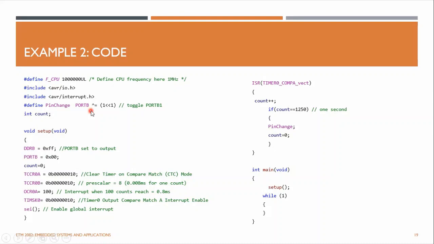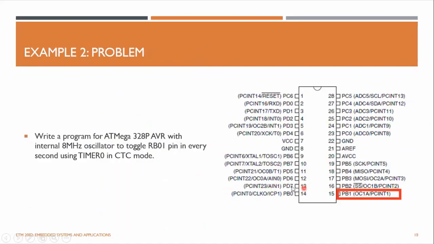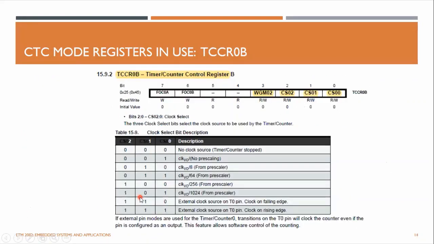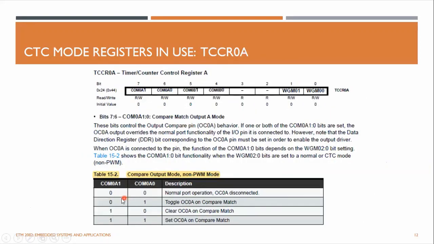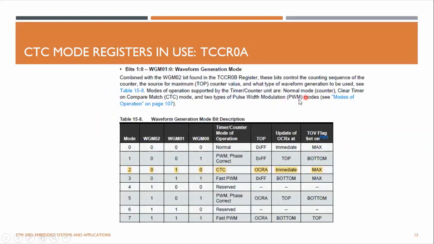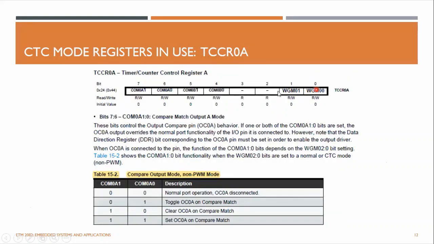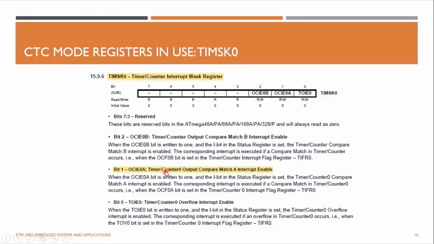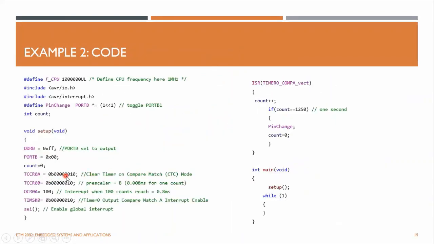I don't want to use that dedicated pin, I'm using a different pin, so I'm not worried about toggling of this pin. I'm just using them as 0. But I have to set this to CTC. So it should be 1 and 0 here, right? So TCCR0A should be 1 and 0 if I want to use CTC mode. You can see this should be 1 and 0. So I have done that one, right?